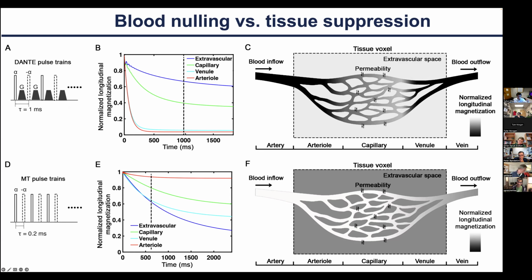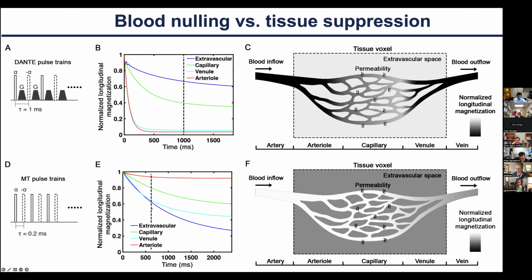In this simulation, the blood signal, the red curve, will be fully nulled, but the tissue signal will be relatively less affected. In the top, blood is dark, suppressed, and the tissue is white, less affected. But in the bottom, the MT effect is kind of opposite. Tissue will be suppressed, and the blood signal will be very weakly affected.